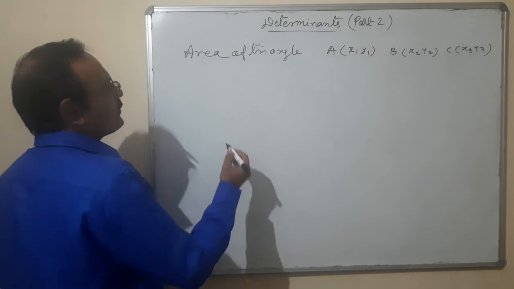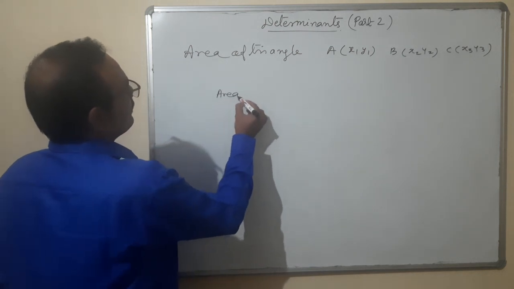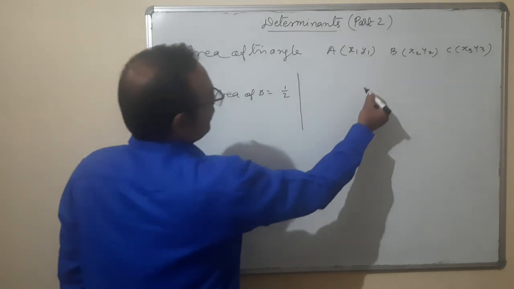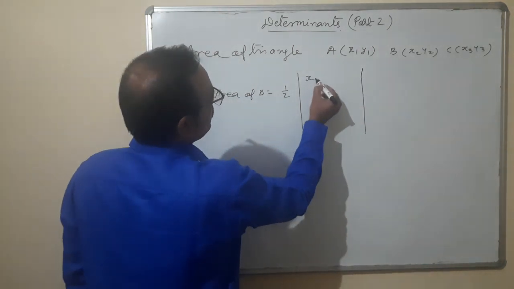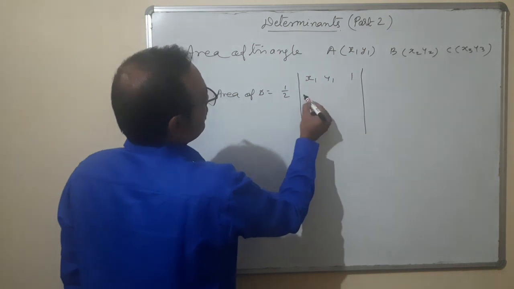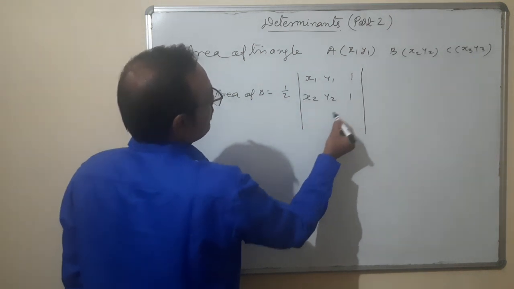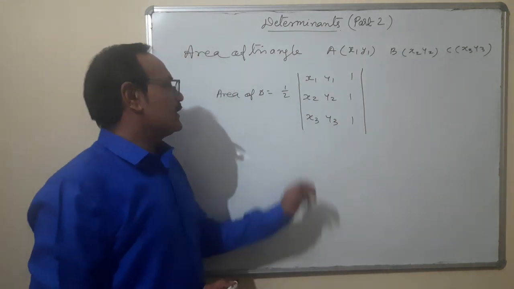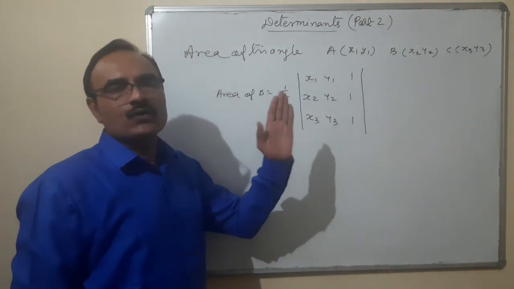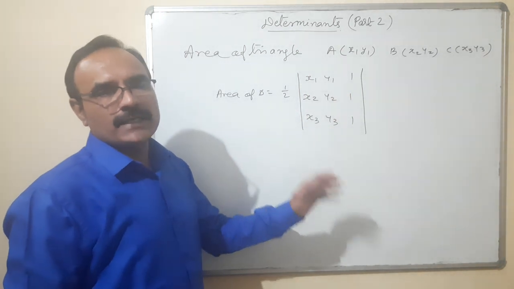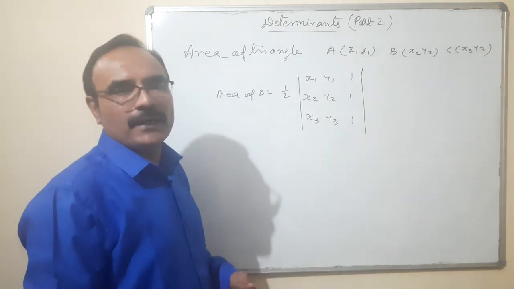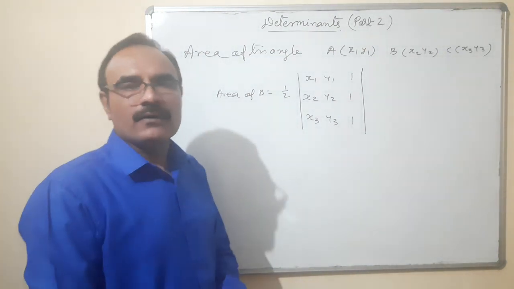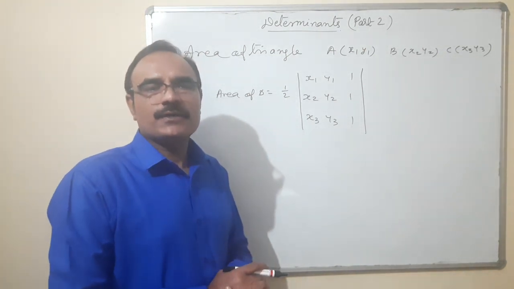For finding the area of a triangle, the area is equal to 1 upon 2, and in determinant form I can write x1, y1, 1, x2, y2, 1, and x3, y3, 1. If I evaluate this, we get 1 upon 2 [x1 (y2 minus y3) plus x2 (y3 minus y1) plus x3 (y1 minus y2)]. So this is the formula by which we will find the area of a triangle with the help of a determinant.